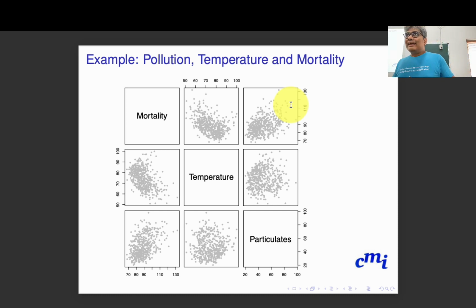After detrending, we can say whatever relationship we were seeing was just because of the trending effect. And that is good news, because all you have to do is probably reduce the particulate level to reduce the mortality rate. That's what you have to try out.